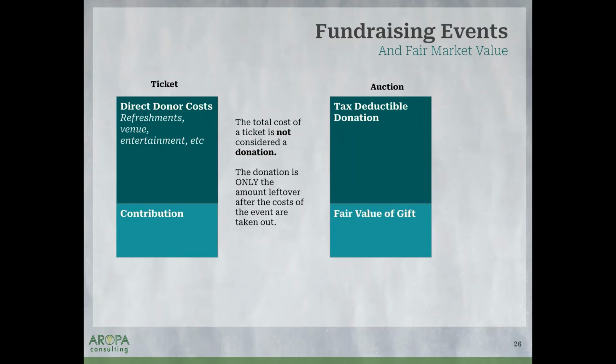So remember that if somebody donates money but then wins a trip to Paris and they only donated $500, the chances that the value of that trip to Paris is less than $500 is not very high. So technically that donation for the donor is not tax deductible because they received a gift that had a greater value than their donation.